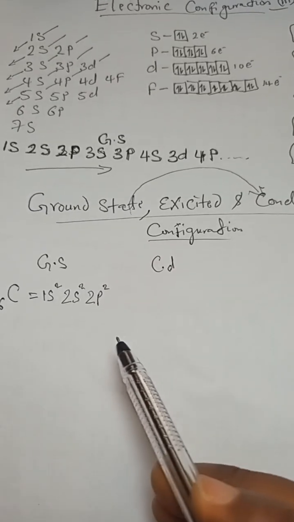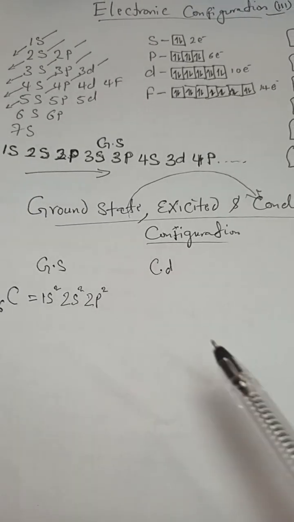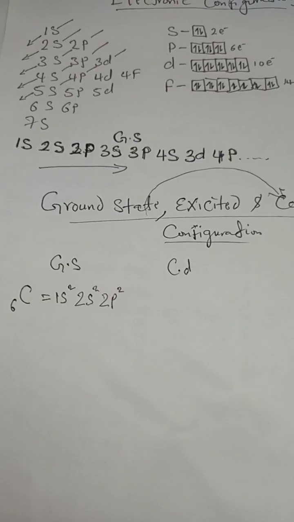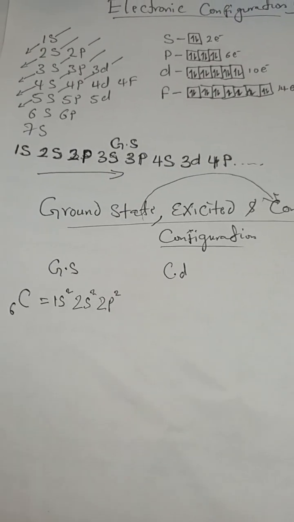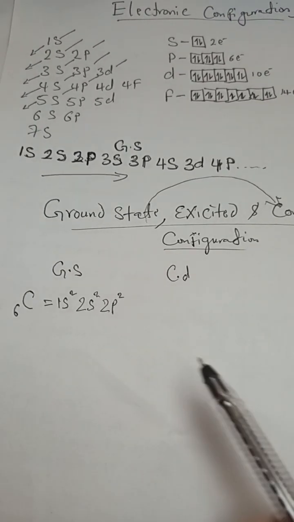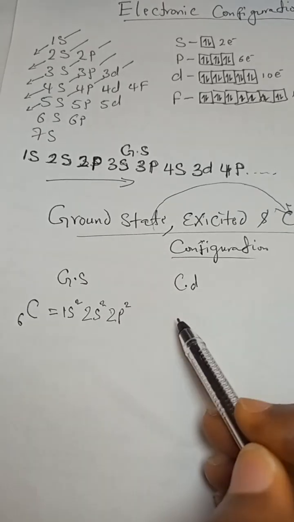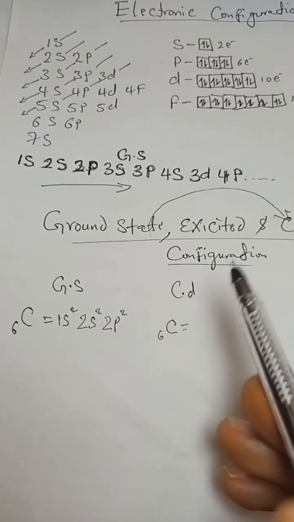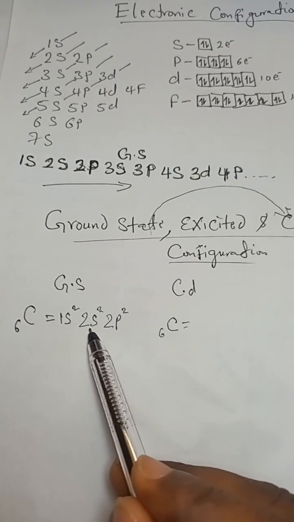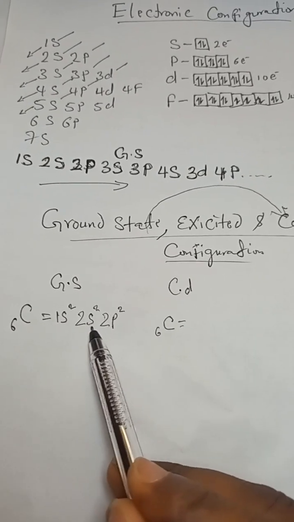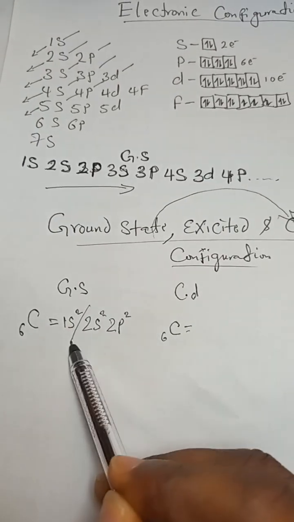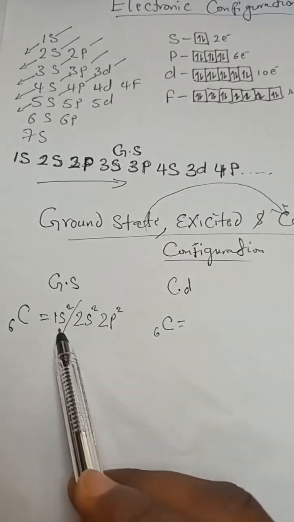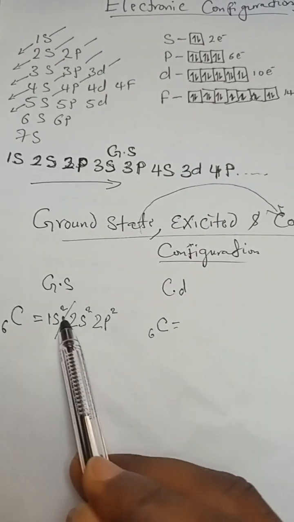Don't forget, in writing it, we cut from the last s, not from the first s. Let's write the condensed form of carbon, which is 6. The last s here is 2s, so we cut from here. After cutting, we look at how many electrons we have: only 2 electrons.